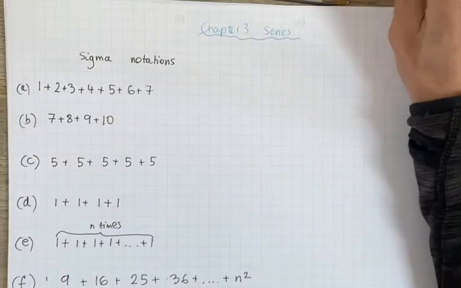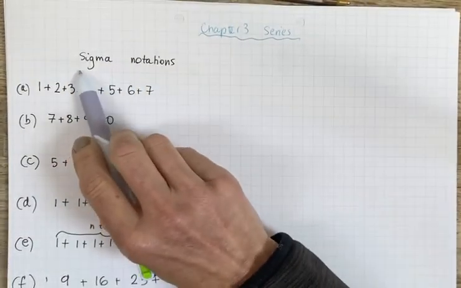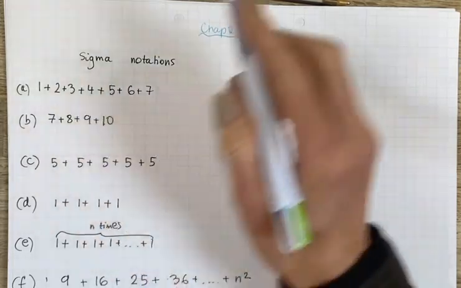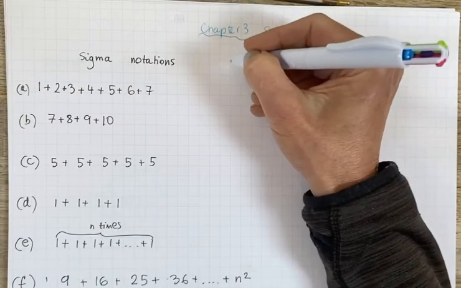Chapter 3 on series. First of all, let's go through the notation. Sigma notation simply represents a sum.